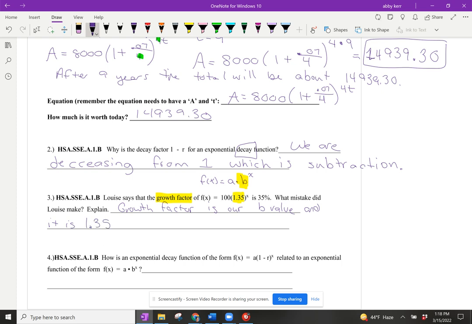Now the mistake that was made is that 35%, remember it's a percent, so 35% is actually the percentage rate.